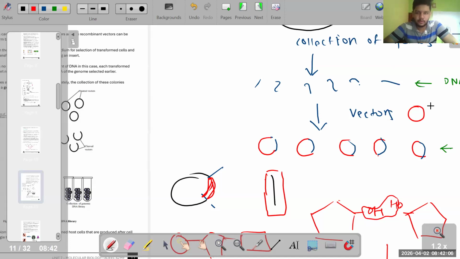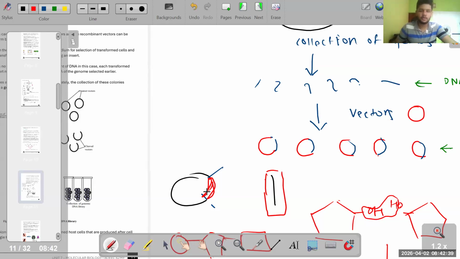We can join it using DNA ligase, but we should create a space in this vector for this to be joined. How can we create this space? By an enzyme. Which enzyme cuts the unwanted sequence and creates the space for the DNA insert to be inserted? Restriction endonuclease. Very good. That's it.